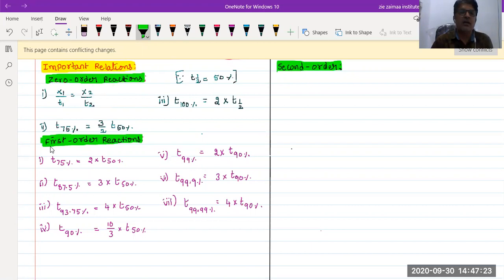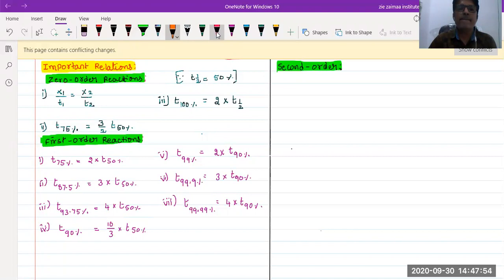The specific rate K for first order reaction is K equal to 2.303 by t log a by a minus x, where a stands for initial concentration and a minus x stands for the concentration after change. And t half for second order we have also already learned. Now come to the first one for this.